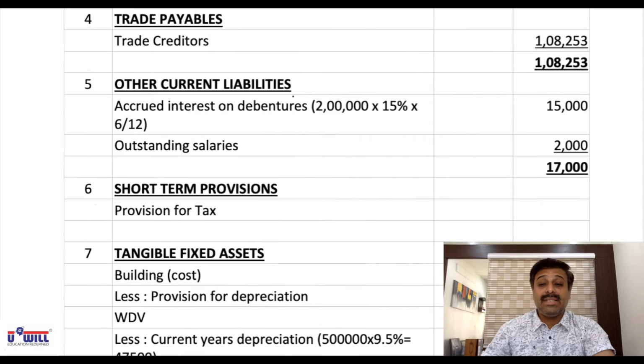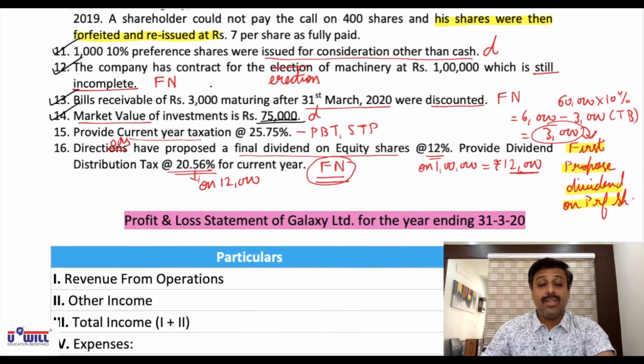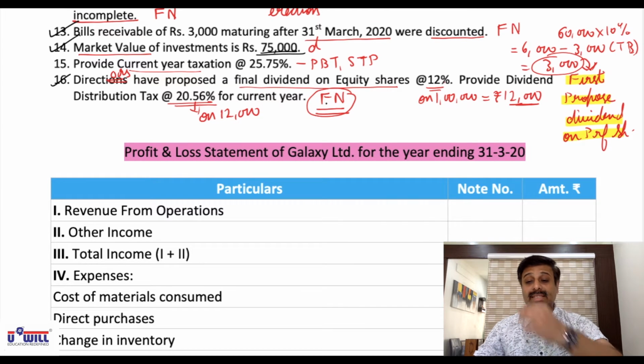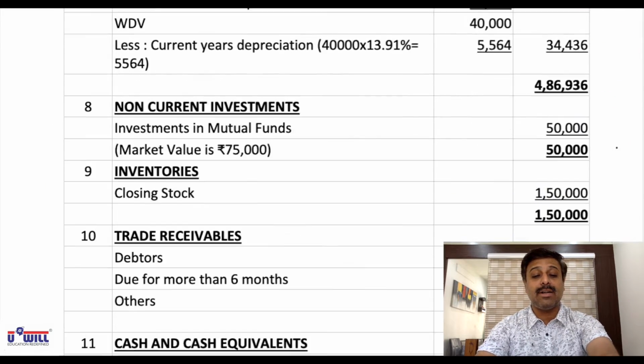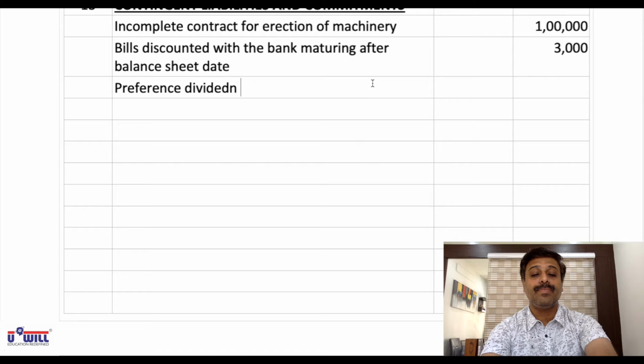Then what other item is there in footnote? FN is adjustment 13, 14 is done, now adjustment 16. In adjustment 16, first we have to propose the preference dividend, which is 3,000 rupees. Okay, we already discussed how we got that 3,000 rupees. So first, preference dividend will be proposed, that is 3,000 rupees.